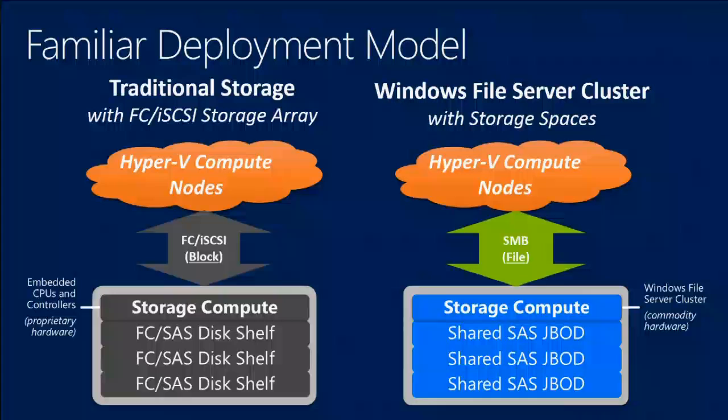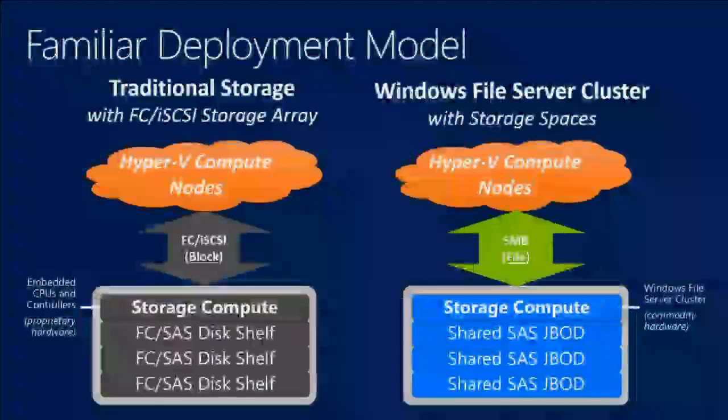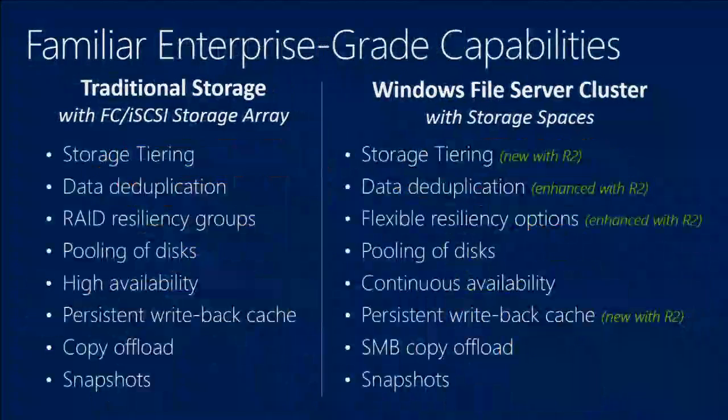Well, what does that really mean? My workload is running inside a compute node. What is this workload using? It's using files, either on a volume or on a share. For my workload, it's the exact same thing. From the workload point of view, from the component point of view, very similar deployment model.